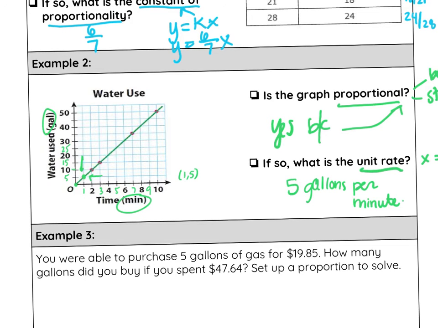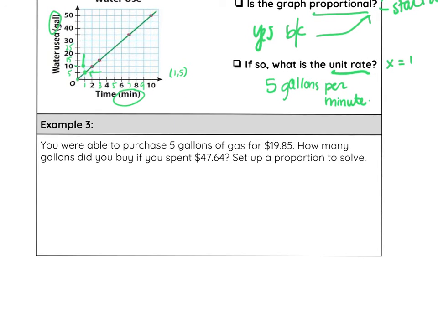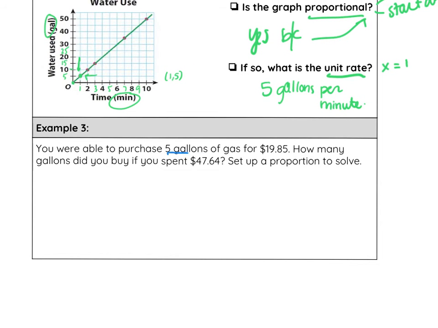Next up is writing a proportion, just like the warm-up. So you were able to purchase 5 gallons of gas for $19.85. How many gallons did you buy if you spent $47.64? Set up a proportion to solve. So 5 gallons of gas costs $19.85.